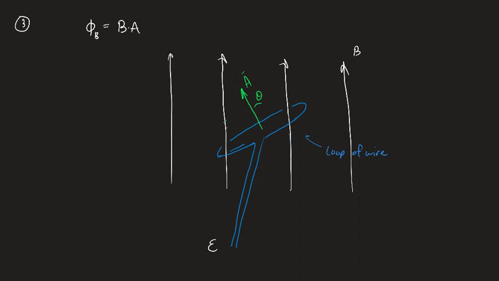So now I have to add an addition to my calculation for flux, because the area doesn't line up with the magnetic field. Does that make sense so far? Everything good? Even under this circumstance, there's no EMF generated, because nothing's changing.